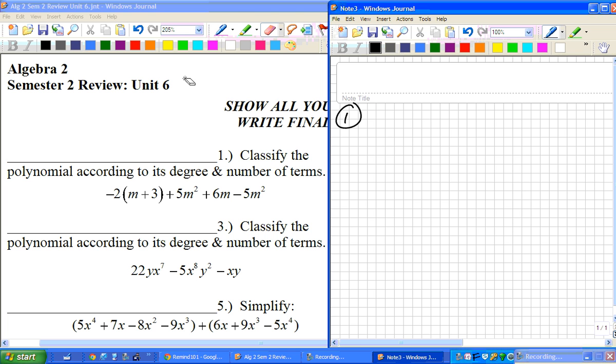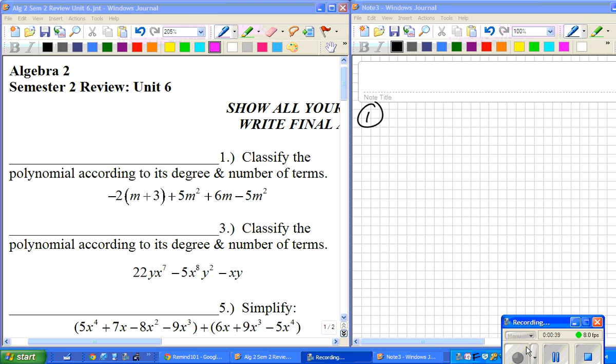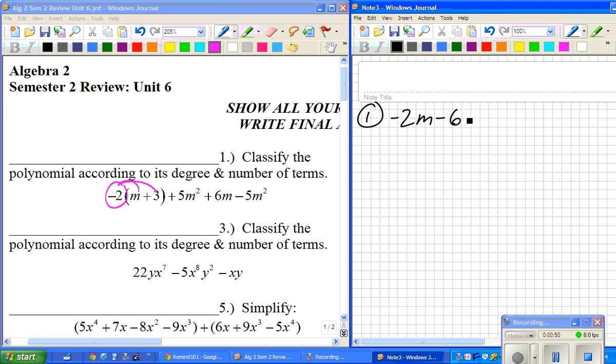Okay? So what we need to do first is to come over here. We need to distribute that -2 to both sides. So we get -2m minus 6, and the rest of that all stays the same.